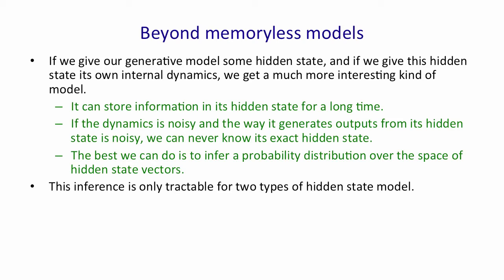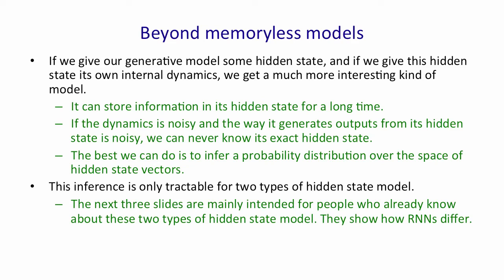Of course, when we do this and apply it to real data, we're assuming that the real data is generated by our model. So that's typically what we do when we're modelling things. We assume the data was generated by the model, and then we infer what state the model must have been in in order to generate that data.